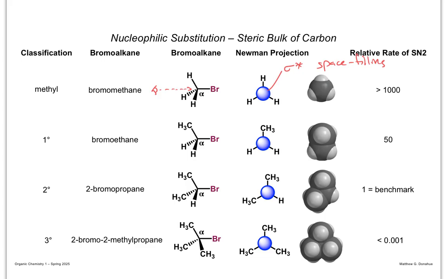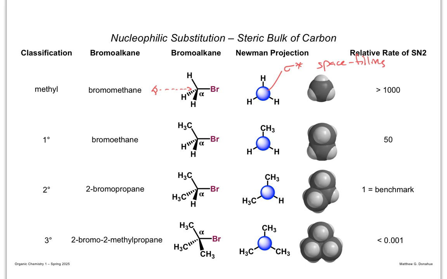Then when we substitute another methyl group on, we now have 2 in the secondary. That space is now further decreased. And then in the tertiary, it's just that little bit there, you can't even see it. So the lone pair cannot even get into that sigma star to bond. And that helps explain why the rate is related to the class of the bromide.